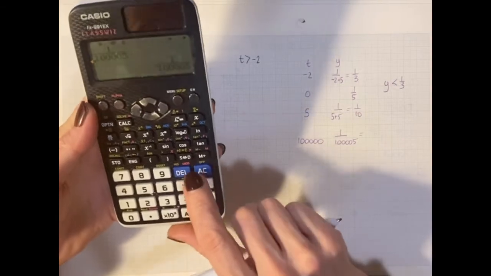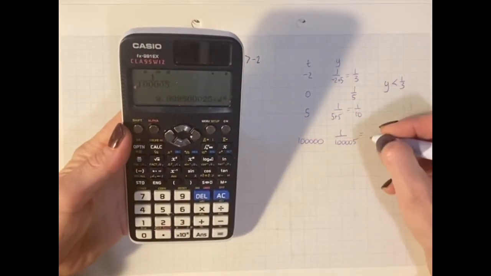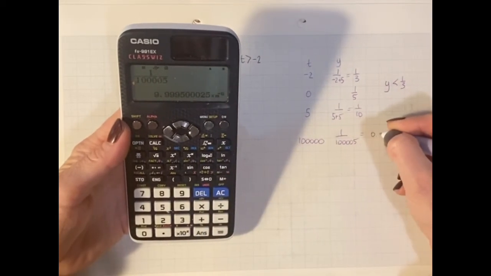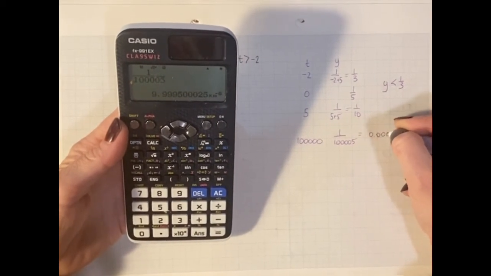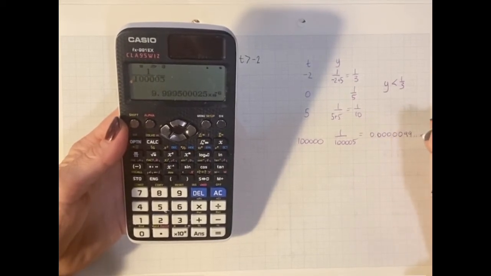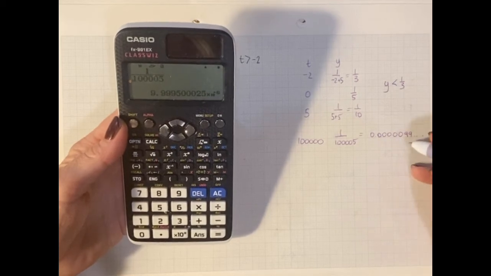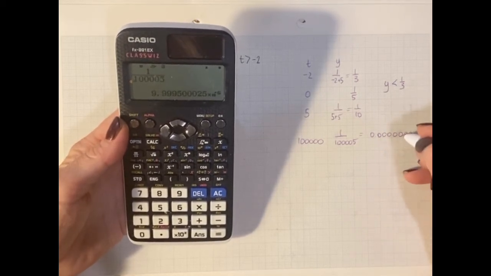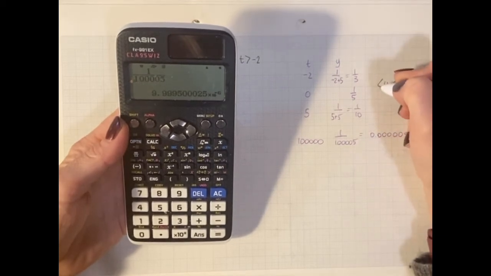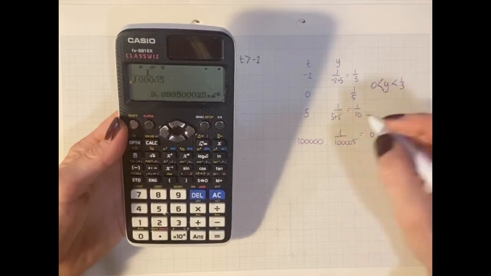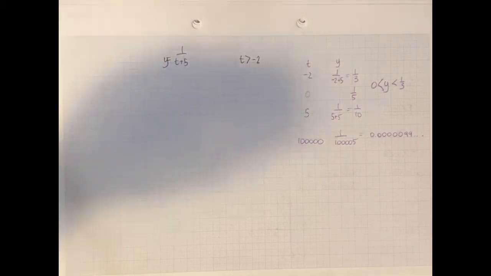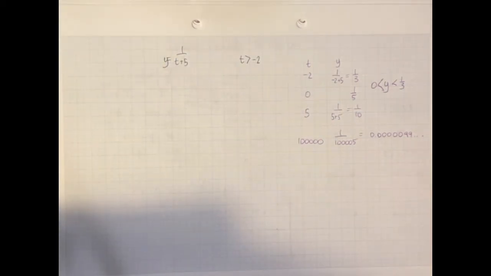You will see a very tiny number, almost 0. So that tells me that you are going to get closer and closer to 0, but never get to 0, because you will be always dividing 1 by a number, so you'll never actually get the answer of 0. So this is what I think it will be.